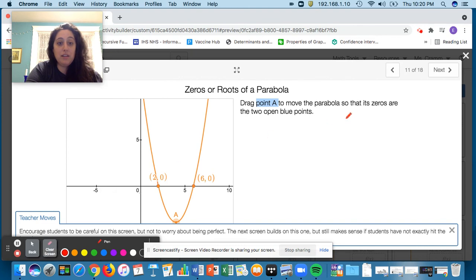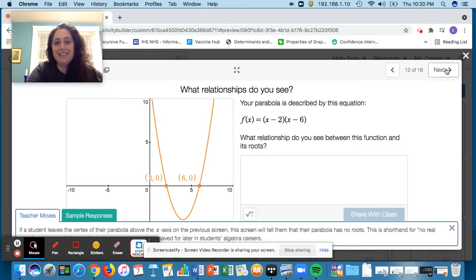Okay, so let's see. They probably are going to ask us to do that in the very next slide. Yeah, okay, so here is that. They put it into an equation, right? All right, so what relationship do you see between the function? I'm going to kind of leave that to you. We've talked a lot about what is the relationship between this x value and how it's shown in the equation or represented.